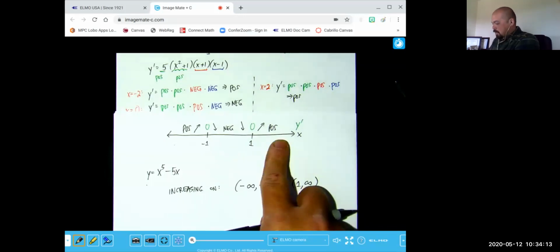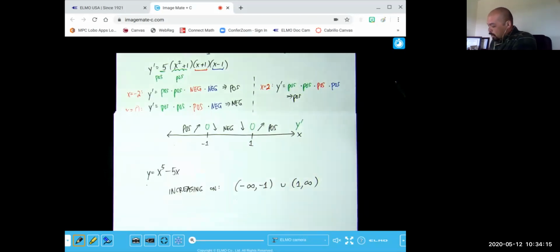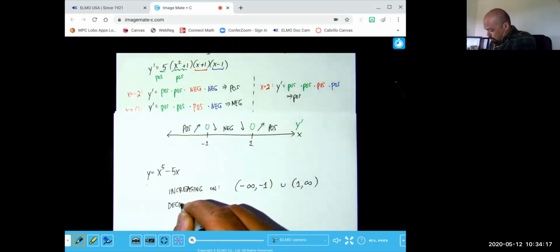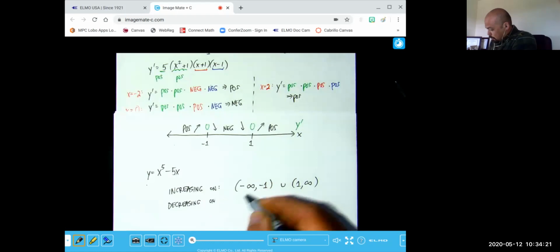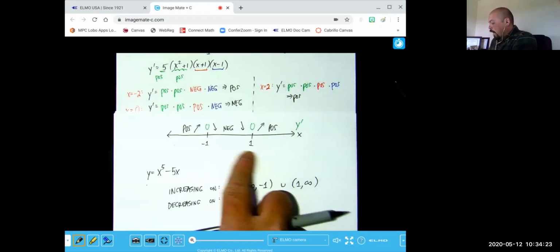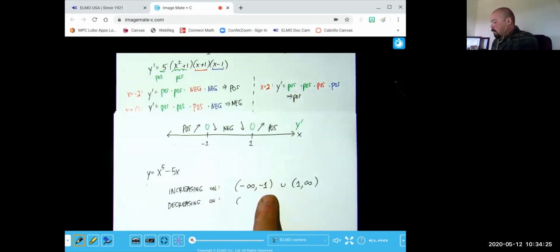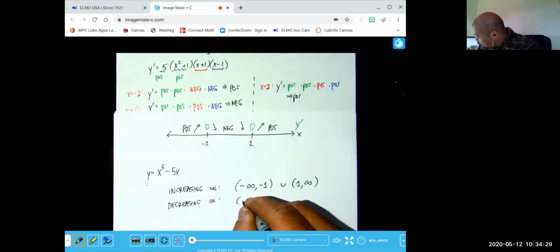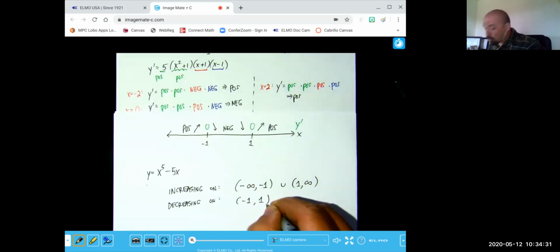Where we have a positive derivative, we're increasing. We're decreasing on this interval, the only location where we're negative, between -1 and 1.